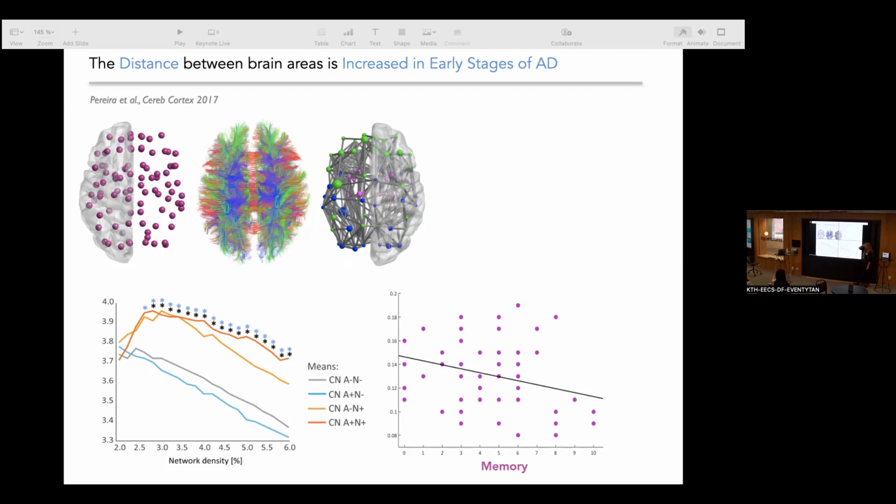So here in this study, we had access to a very large cohort of cognitively normal participants. And these individuals all underwent diffusion-weighted imaging. So first, we represented their brain areas using an atlas. And here you can see the nodes, which is what we name brain regions in graph theory.